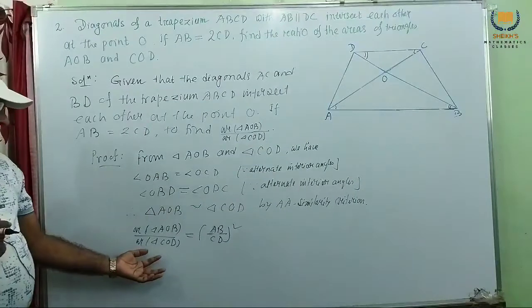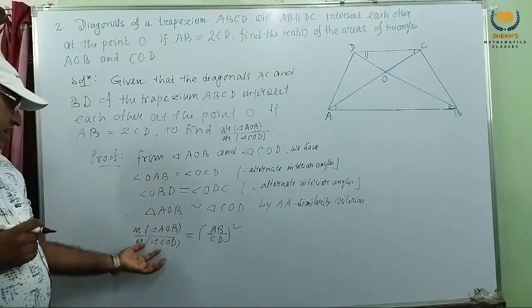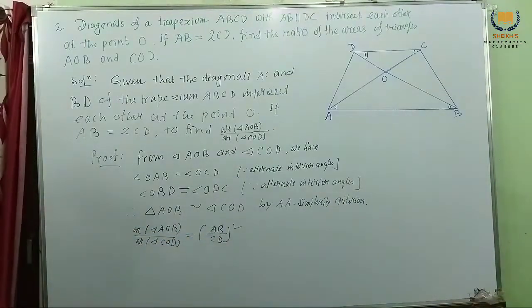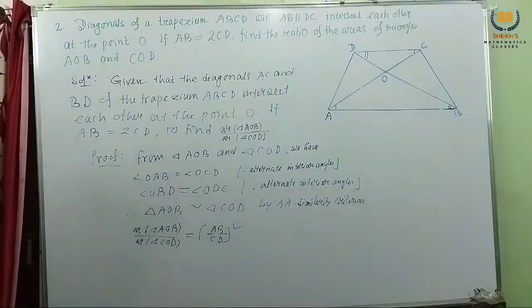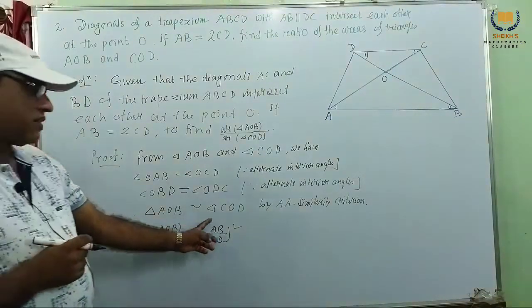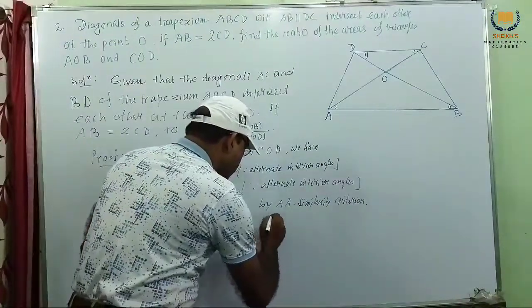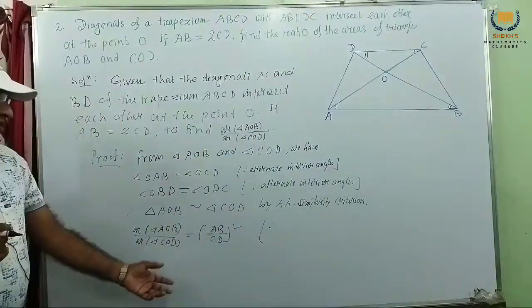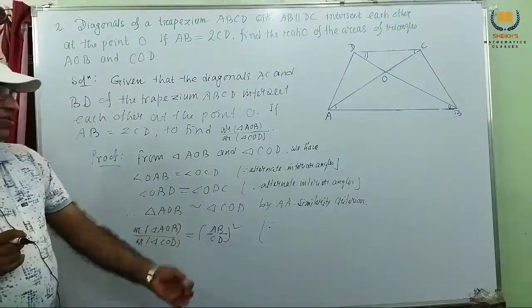We know the theorem: the ratio of the areas of two similar triangles is equal to the square of the ratio of their corresponding sides. You have to write this logic on the right hand side, because in geometry we should write the reason.